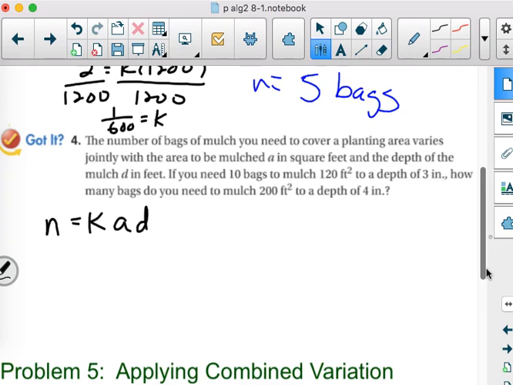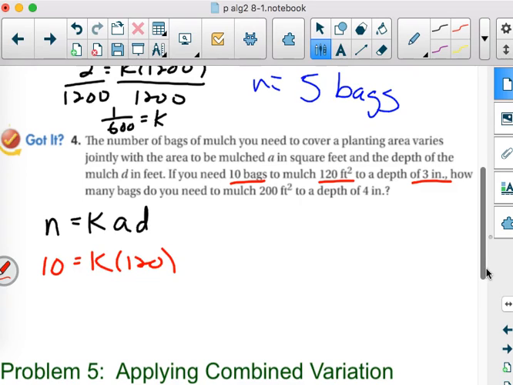Well, not yet. If you need 10 bags, where's the 10 going to go? 10 bags to mulch 120 square feet. Where does that go? And here's the trick. A depth of 3 inches. Why is that a trick? The rest of it is in feet.